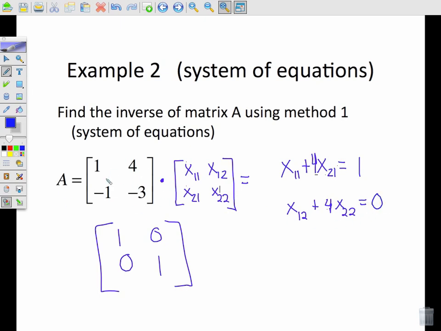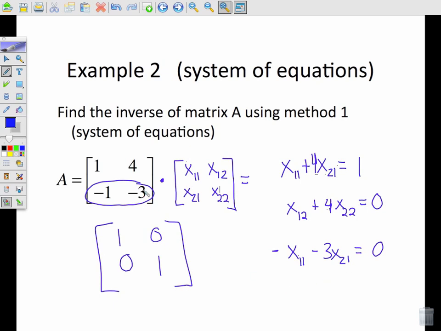And then for my other two equations, I'm going to multiply row 2 times each one of the columns. So I'd have negative x subscript row 1 column 1 minus 3x subscript row 2 column 1, and when you multiply the bottom row by the first column, that should equal 0.